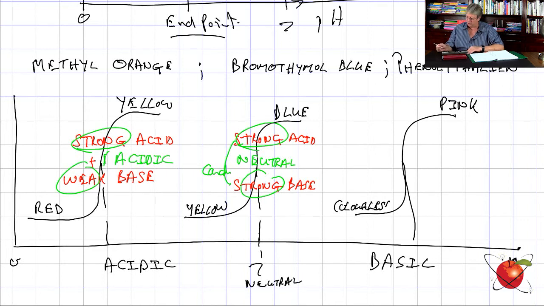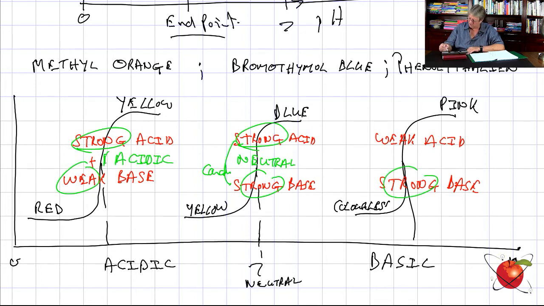The last one is obviously the red, which is going to be a strong base and a weak acid. Weak acid and a strong base. And what did we say? Let's look at our green here. Strong and weak, it's going to leave us basic.